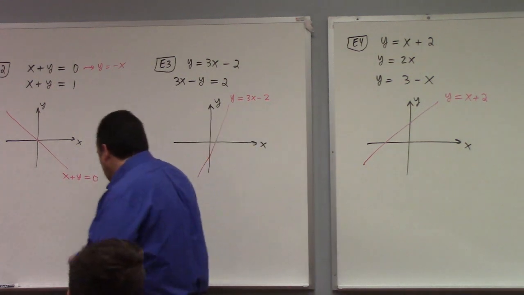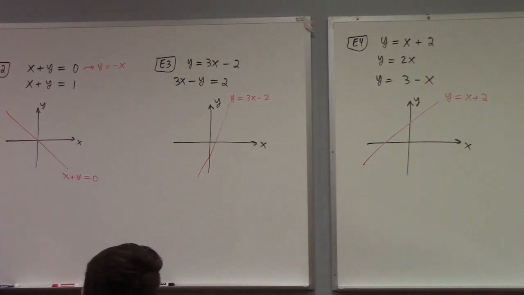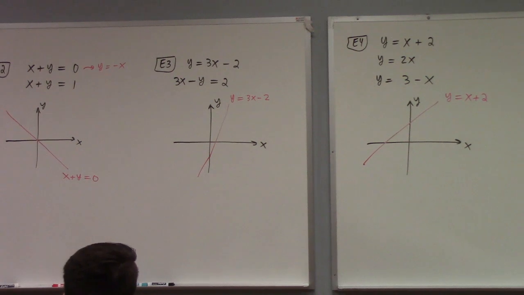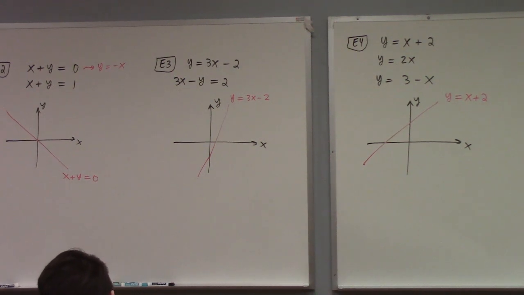All right. Then my second equation for example 1, I've got a slope of minus 1, a y-intercept of 2. So it's something like here. There we go. That's y equals x plus 1. It lived a good life, but its life is over.